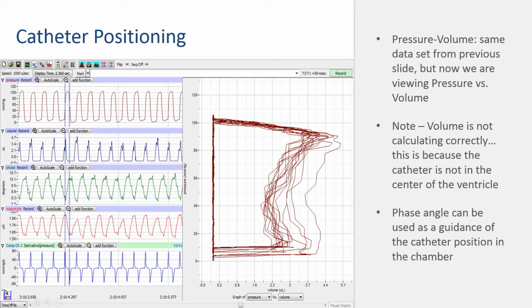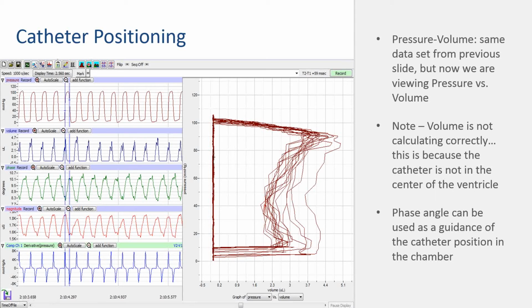But what we said about the mouse, we should be between 2 to 8. If this third signal, the degree of the phase, is not within 2 to 8, that's how the final loop will look if you plot pressure versus volume.